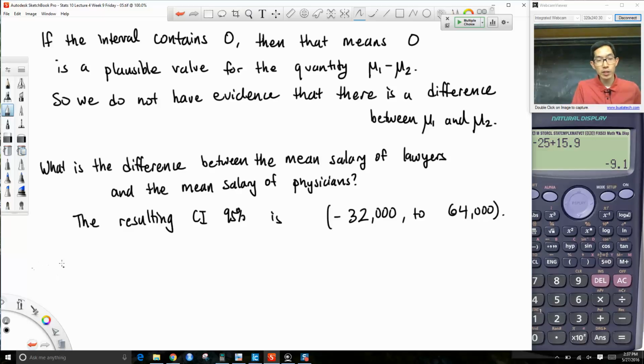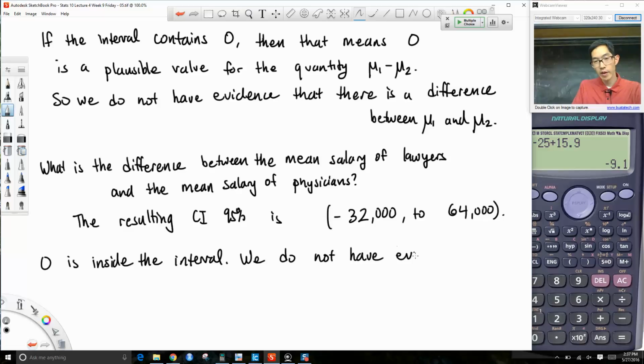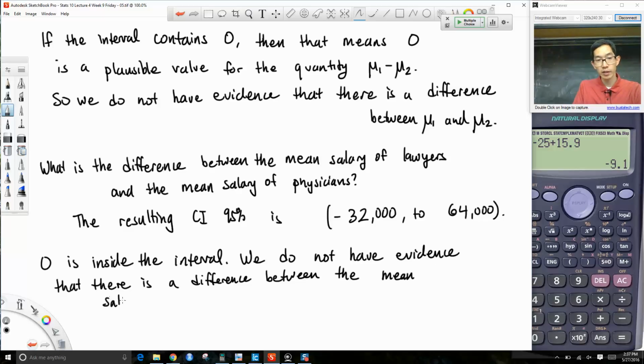Here, because 0 is inside the interval, we would say we do not have evidence that there is a difference between the mean salaries of lawyers and doctors.